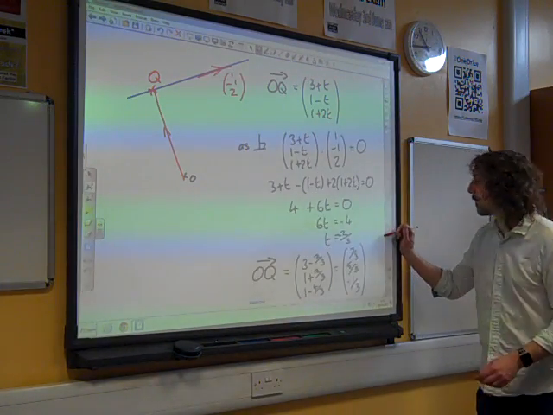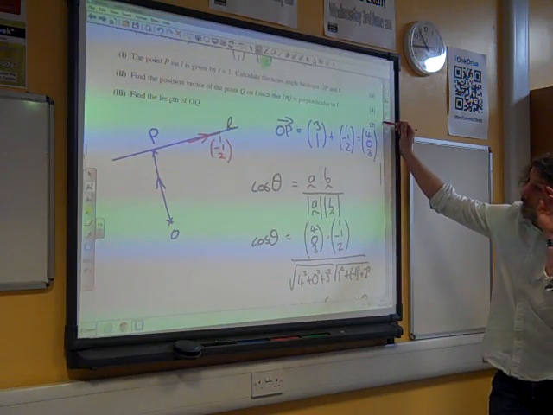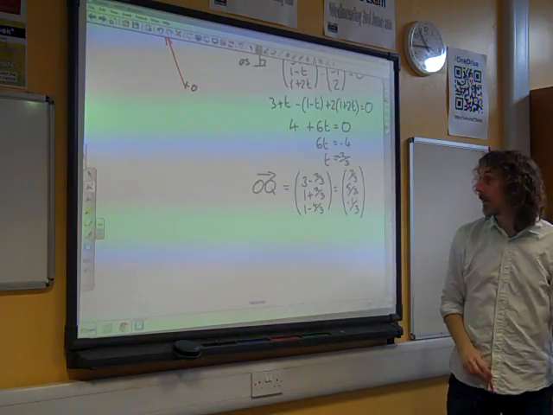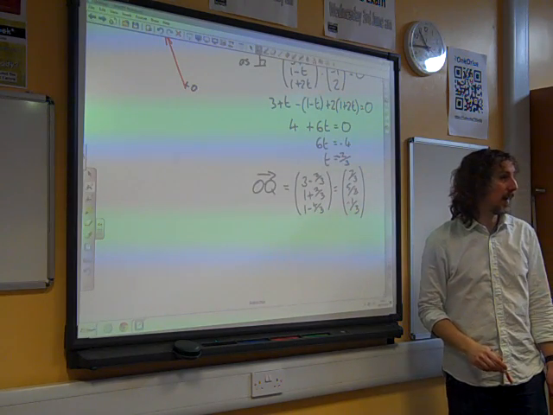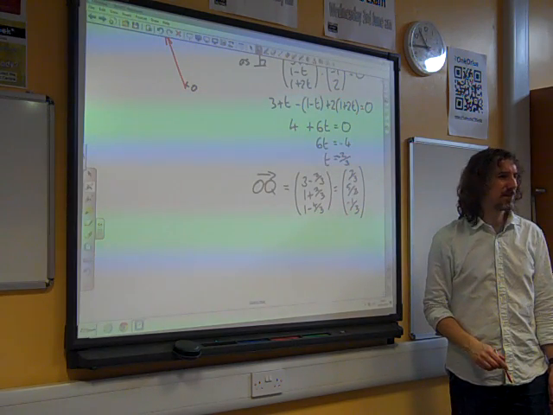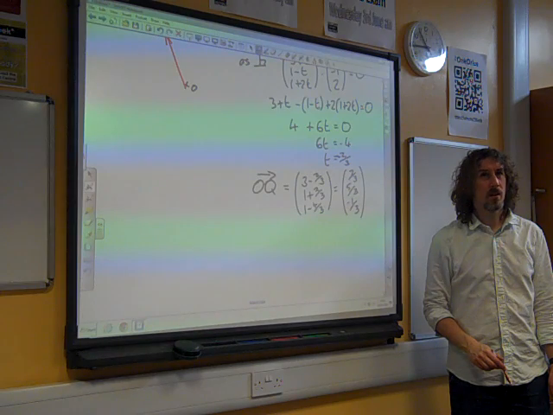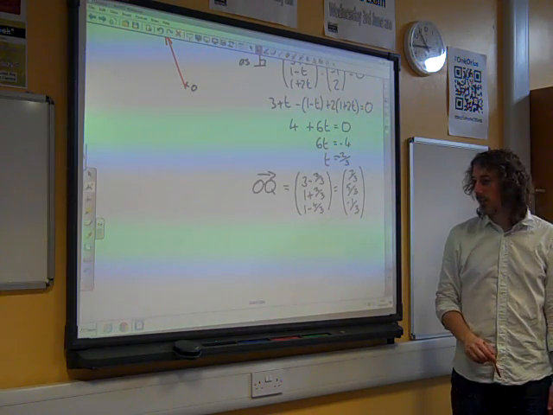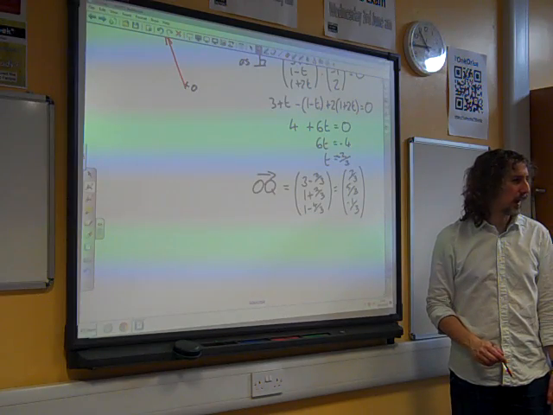What did part 3 say? Find the length of OQ. Okay, so we just need to find the length of this vector here. It's just a bit of throwing numbers at a calculator, isn't it?